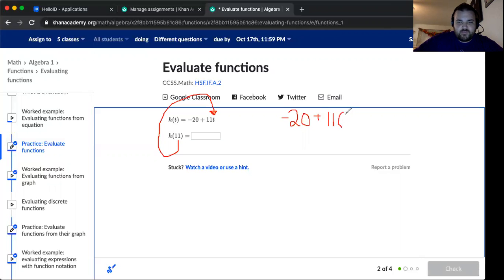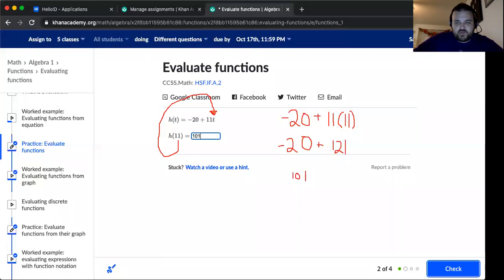T's been replaced with the number 11, so it's 11 times 11. We have negative 20. 11 times 11 is 121, so negative 20 plus 121, which ends up equaling 101. 101 is the answer to this problem, so 101, let's check our answer.